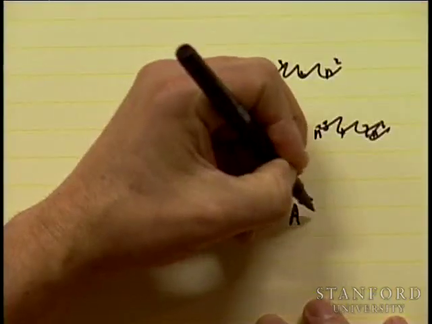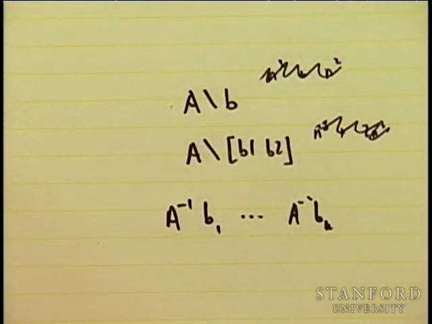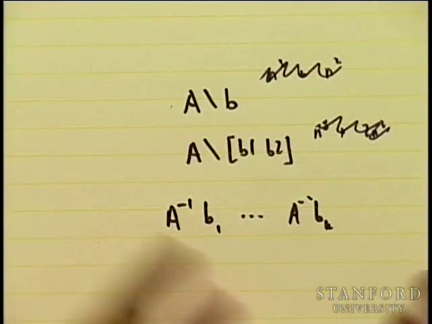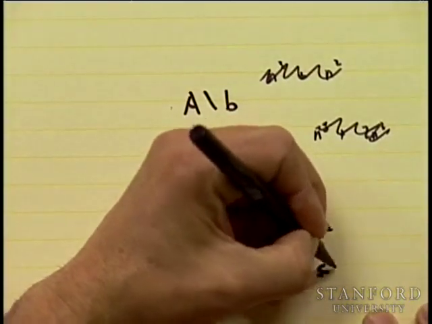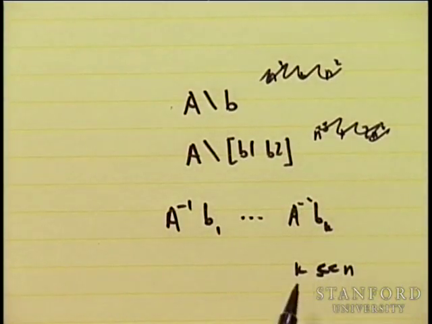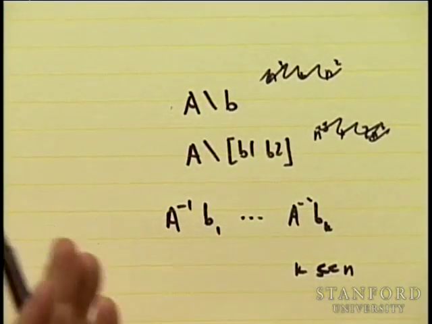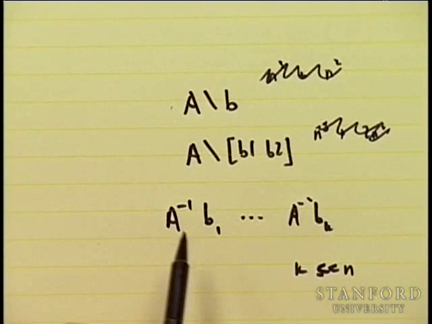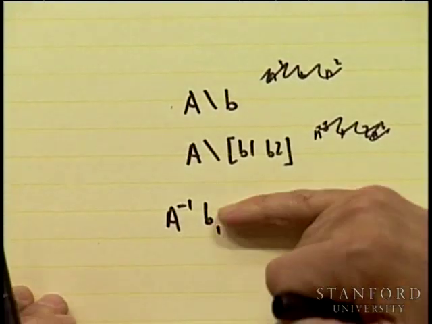But that's it. If someone tells you to calculate A inverse B1 up to A inverse BK, and K is less than n, say K is 10, then the cost is absolutely identical to calculating just one.